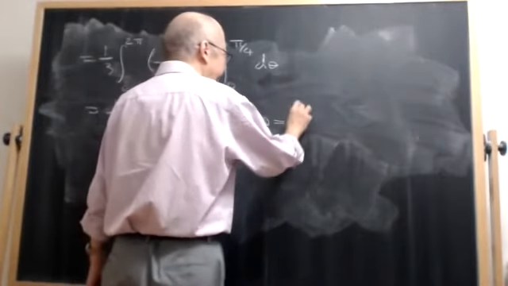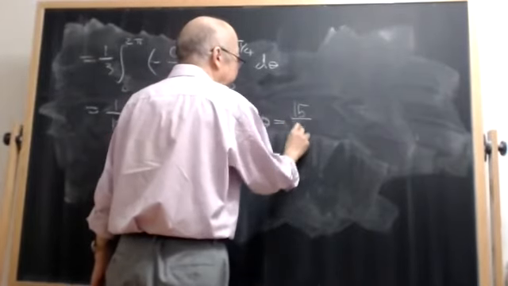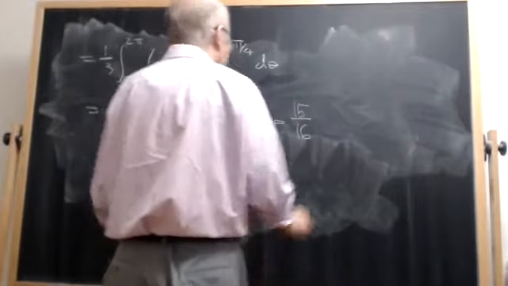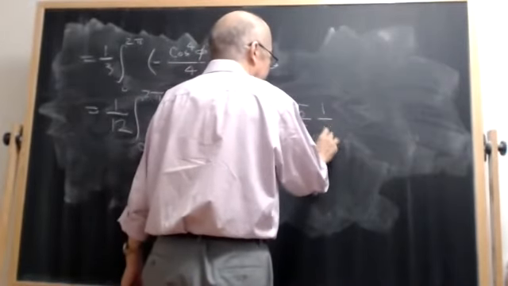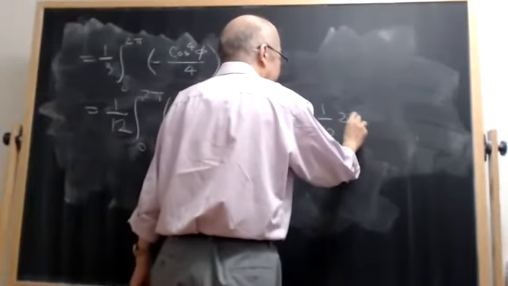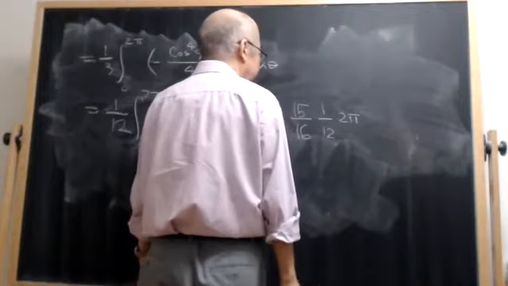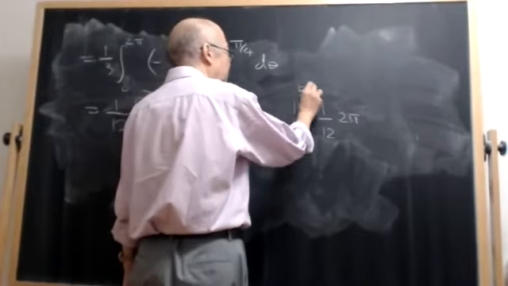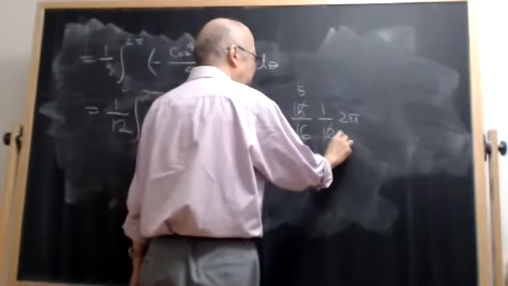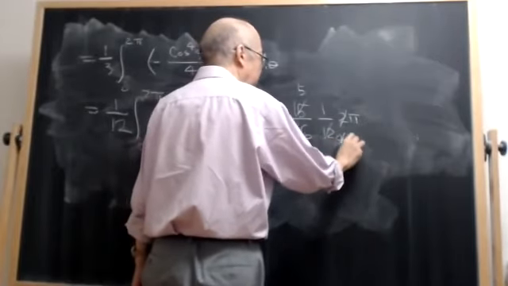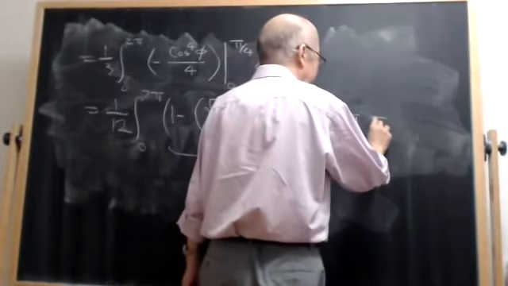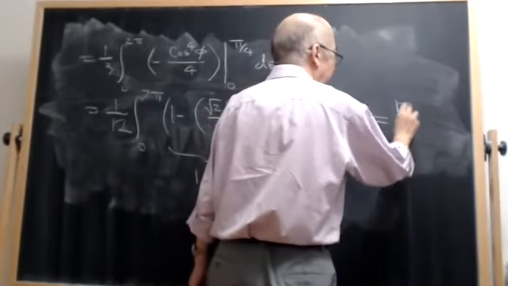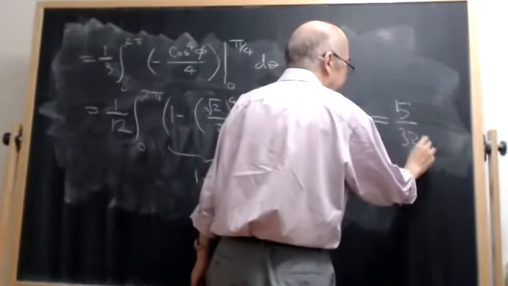So I have 1 over 12 times 2 pi. Yeah, we should have 1 minus 1 over 4.